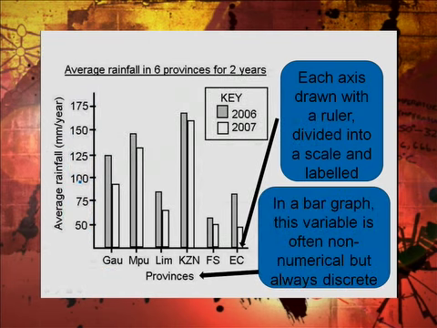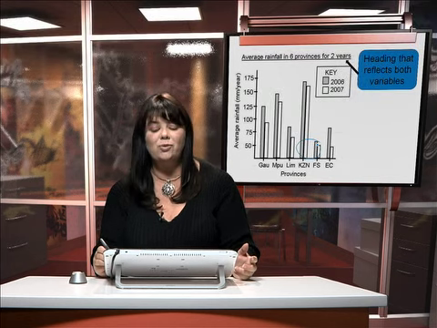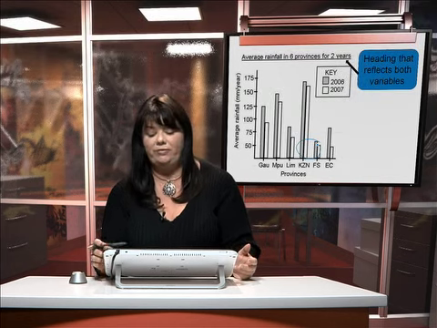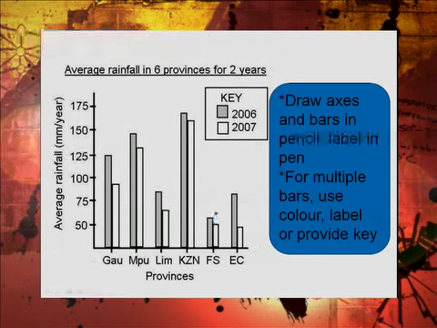Now in a bar graph, we've said it a couple of times today already, the variable is discrete. It's very important that we remember that, and that means that we're going to see something interesting happening when we draw the graphs. Of course, it's important that your graph has a heading that reflects both variables, and when you draw the information, you're going to make sure that there is a space between the different bars.